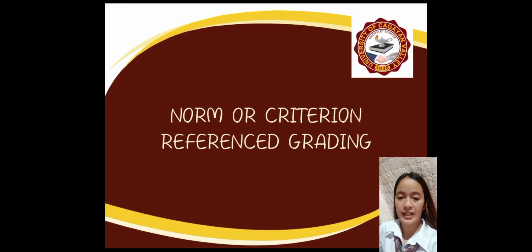Norm reference grading, it is easy for you to identify the achiever. You only have to analyze or evaluate the highest scorer. And in criterion, it is not easy to pass the given criteria or standard.